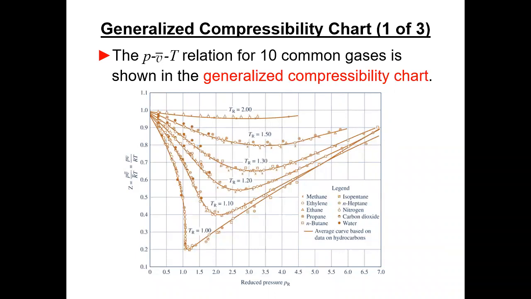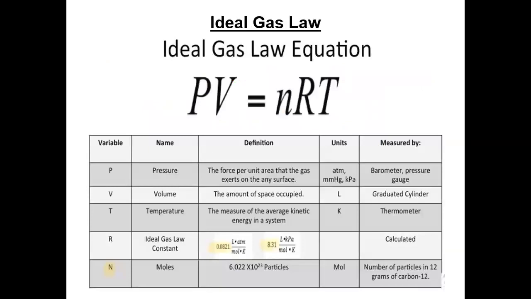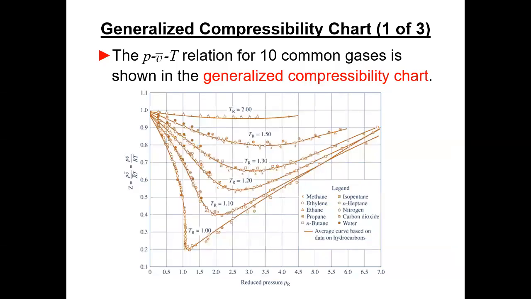Well, you come down here and you go, holy moly, this thing's not good. There's some cases where this is not real good. When you get a value of 0.2 or 0.3 for Z, that says that PV is equal to ZRT and Z is 0.3. I'd say that's a pretty significant error, you know?